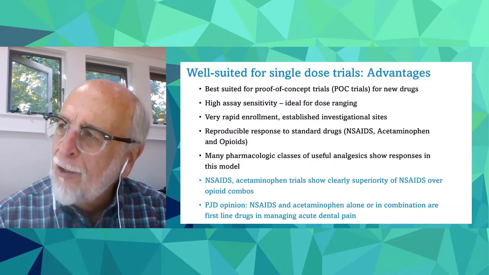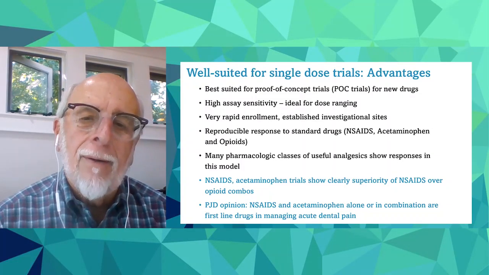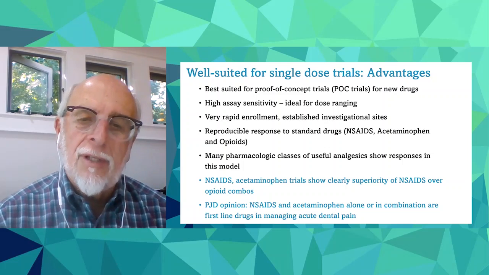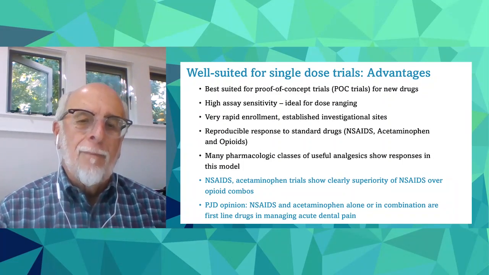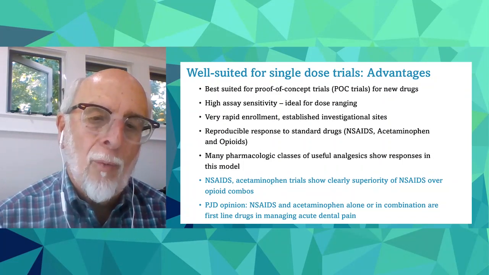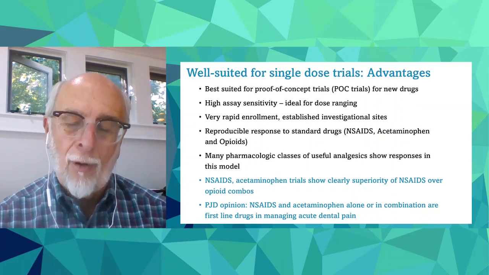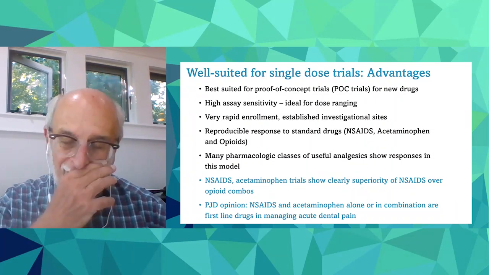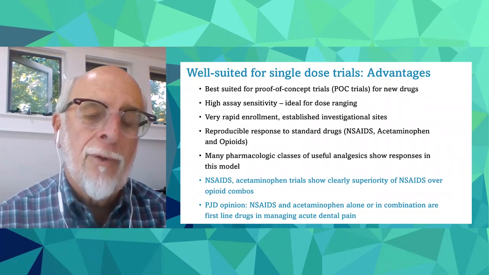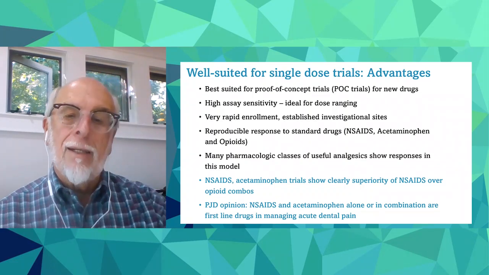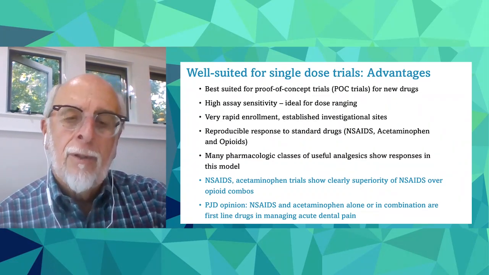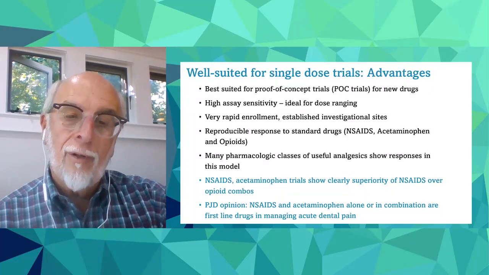So going back to think about the dental impaction study, this seems to be the model best suited for proof of concept studies because of how quickly it can enroll. These are pretty healthy patients, by and large, and it has a high level of assay sensitivity.